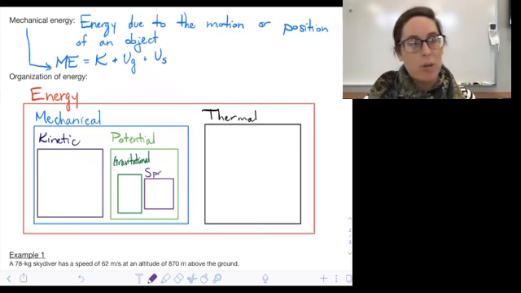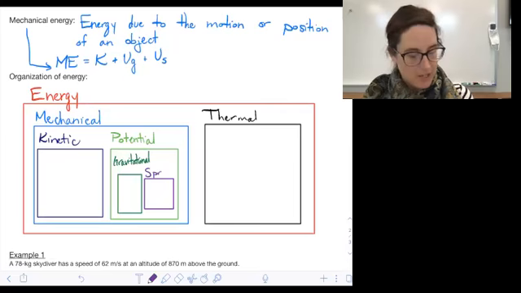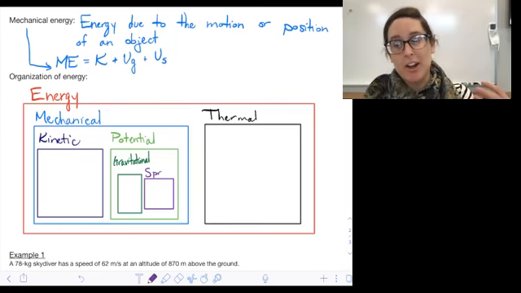We could deform an object and have energy in that object, but the object itself doesn't have to be moving, and it could cause motion later. So that's why we add the word potential: it designates the potential to cause change, the potential for things to start moving, for example. Okay, so that's how energy is organized within all of these different layers and vocabulary words.